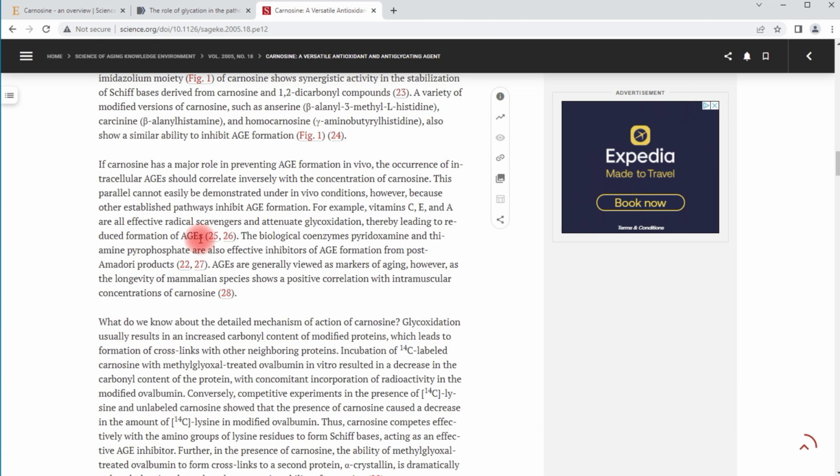Even though excess sugars in the body can accelerate the formation of these AGE products, oxidative stress also plays a role. Vitamins A, C, and E are antioxidants. They can reduce oxidative stress. Thus, they play a role in reducing the formation of these advanced glycation end products, as well as carnosine. So the combination of carnosine and these vitamins can greatly reduce the formation of advanced glycation end products.